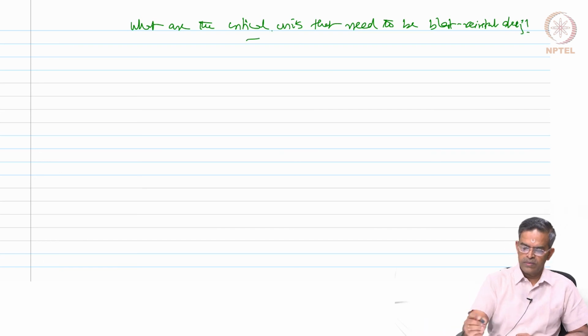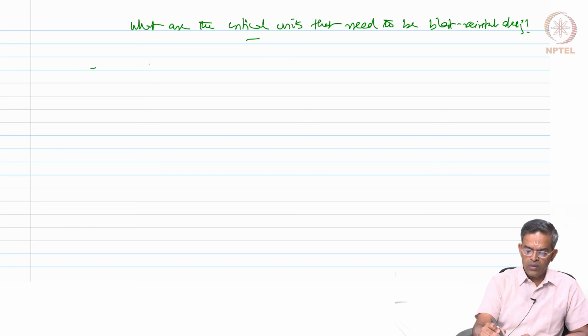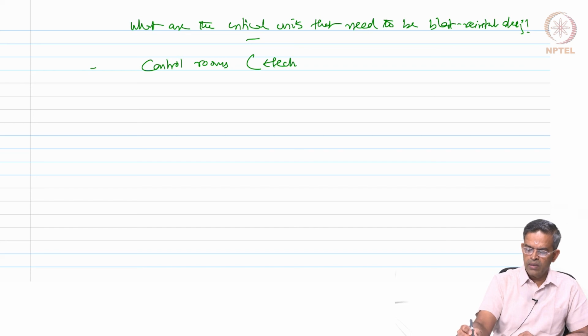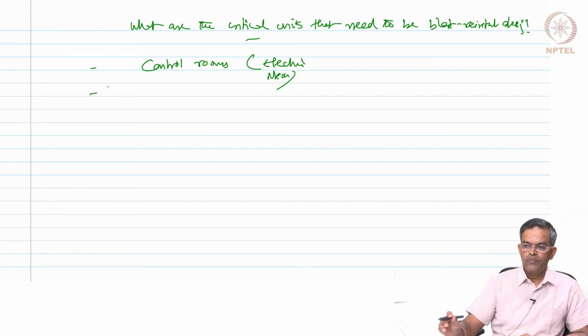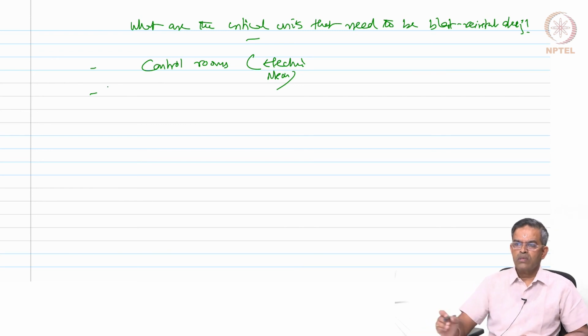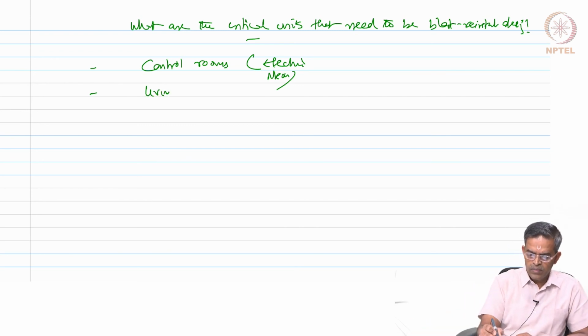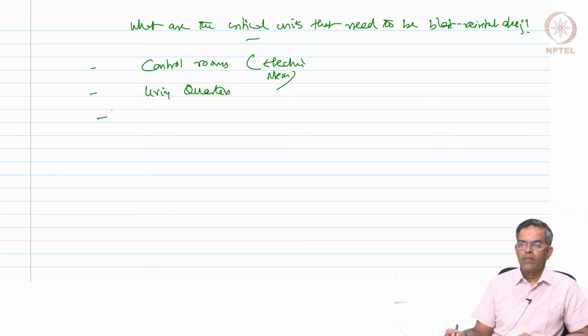What are these units? 1. Control rooms, both electrical and mechanical. 2. Living quarters, where the occupancy rate is very high.